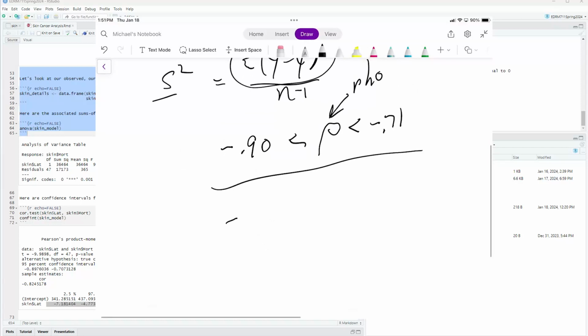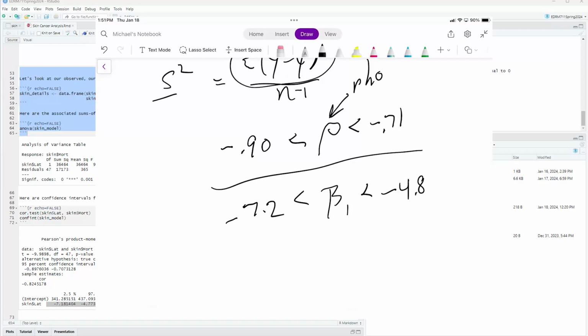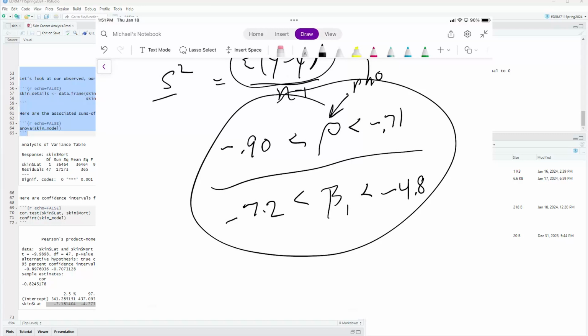So now I can actually write in that beta that I got carried away and wrote in before. So I have -7.2 is less than beta 1 is less than -4.8. Okay, so these would be our confidence intervals if we were talking about 49 data points drawn from a larger population of data points.